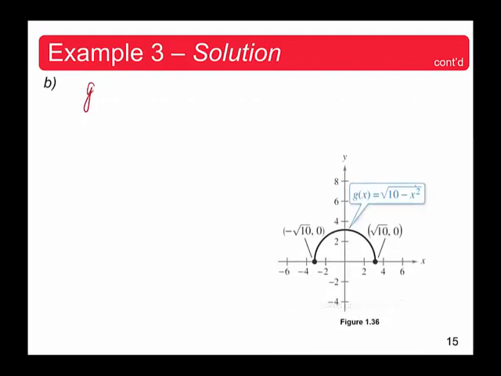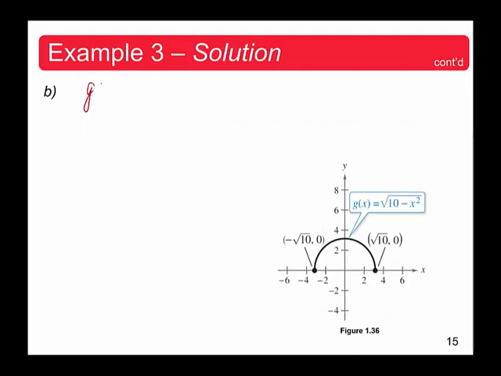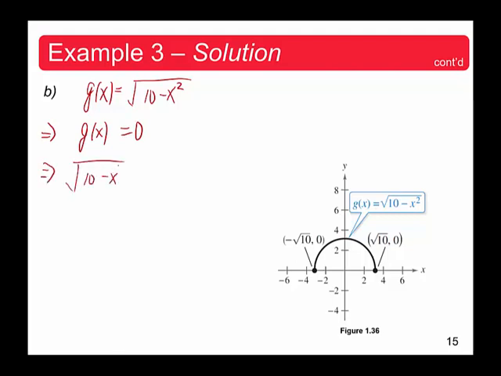Let's take a look at the second one, part B. g of x equal to radical 10 minus x squared. Similarly, we're going to set the y value equal to 0. In this case, y is the same thing as g of x. So g of x equals 0. That means radical 10 minus x squared equals 0. We'll be able to solve for x by squaring both sides of the equation first. We get 10 minus x squared equal to 0.